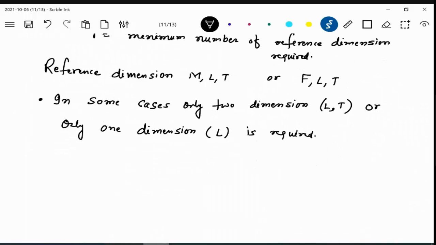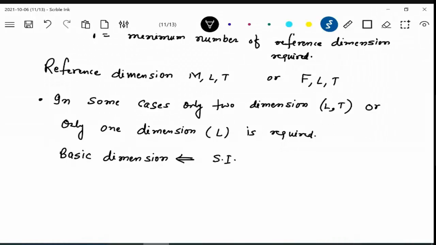There is a term we will use, that is basic dimension. When we say basic dimension, that is your fundamental dimension, the 7 dimensions that you read in SI units. In most problems we will see mass, length and time. Basic dimensions are given by the international system, so this is related to the SI system.